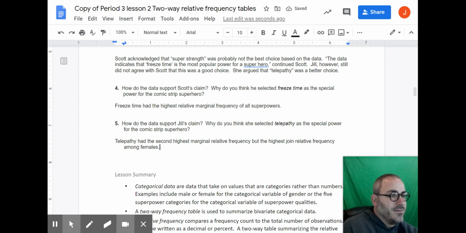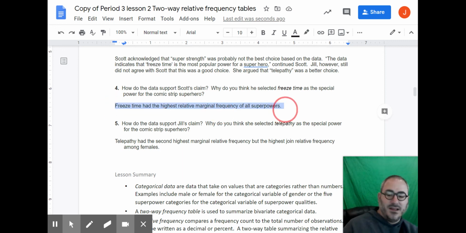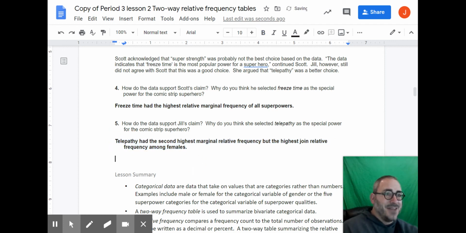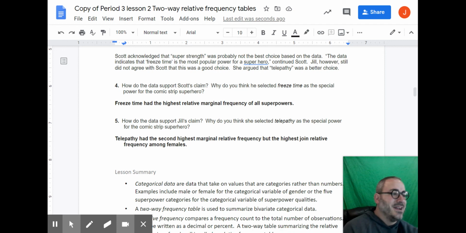Right? And if they wanted females as their audience, then maybe they would go with that. Something like that. We're trying to get you to be able to look at these tables and analyze them and interpret them and that kind of thing.